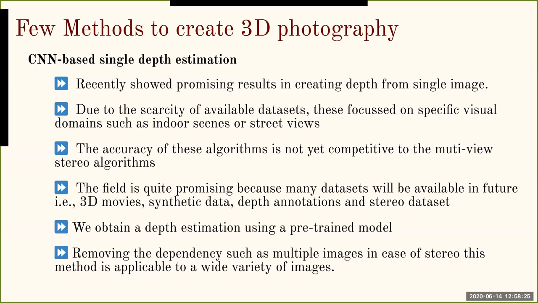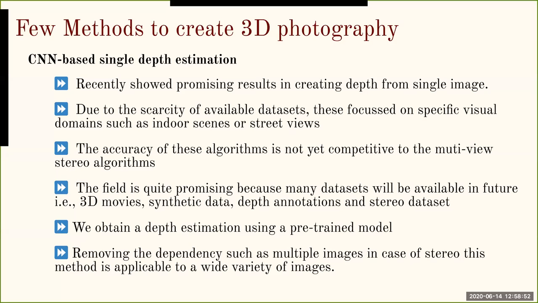Due to the scarcity of available labeled data sets, which have a corresponding depth value and a corresponding image, stereo images are very hard to create, because we are limited to a camera movement.